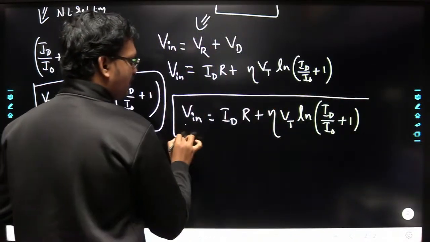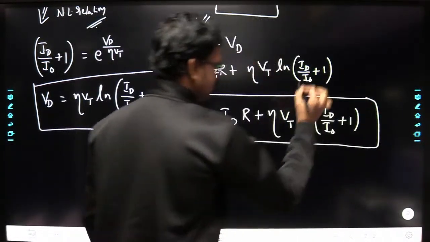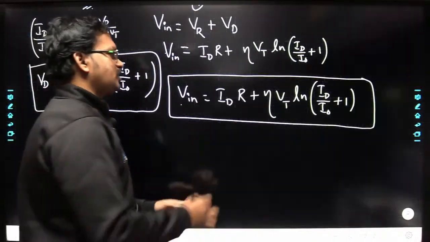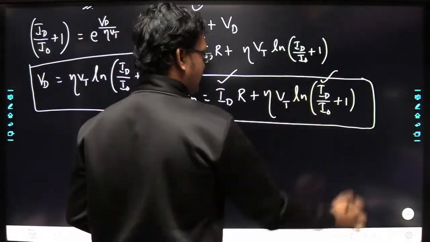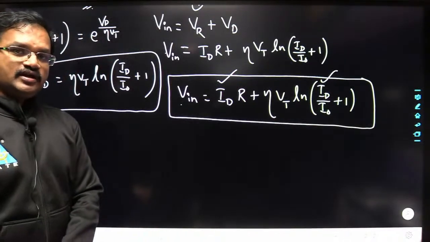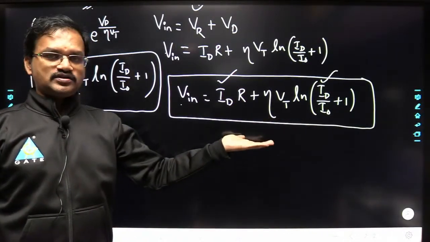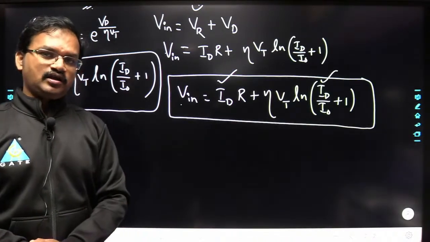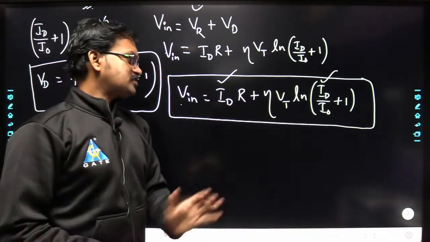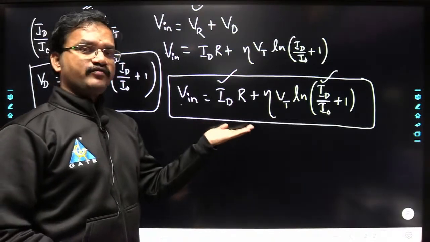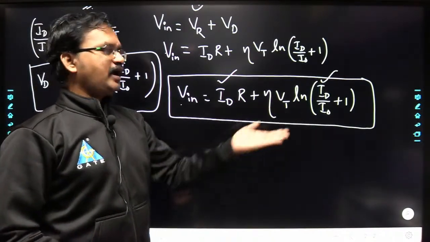Now by using this relation, can you determine the ID value easily? This is nothing but a non-linear equation. So from this equation, it is very difficult to determine the ID value.